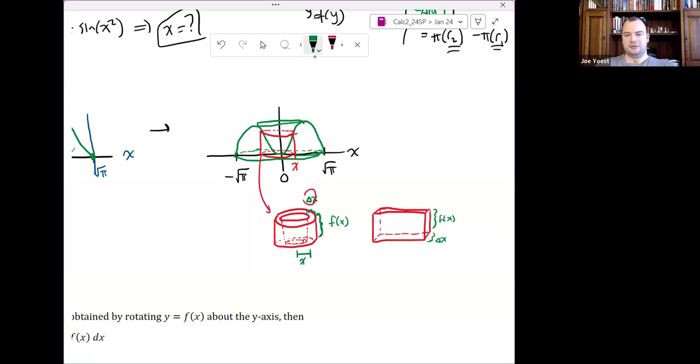And it will have width. Well, x is the radius. So the width of this box is going to look like the circumference around my shell. If I had a little soldier marching on top of it and they made one lap all the way around, what would that distance be? That's 2 pi times the radius, or 2 pi x.